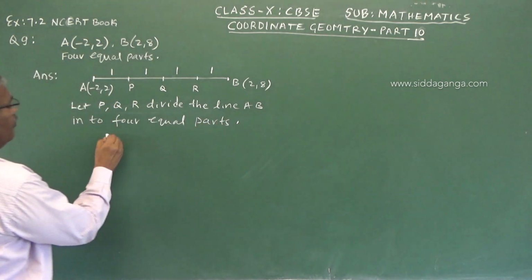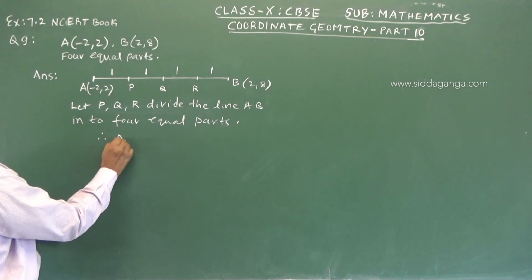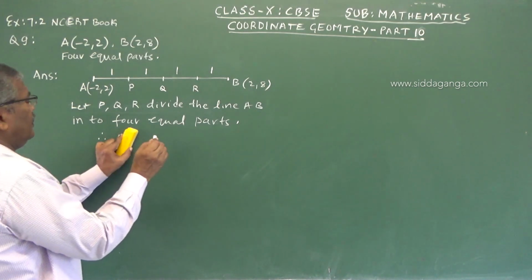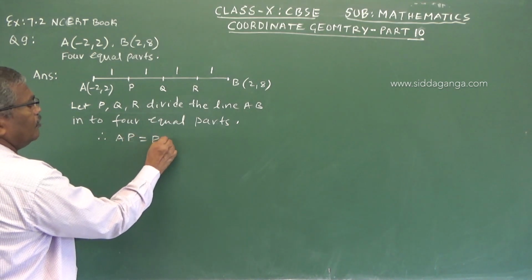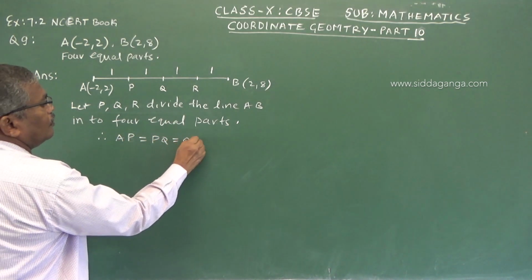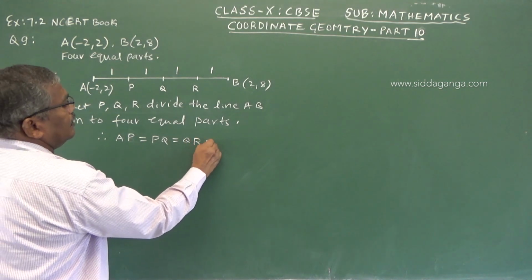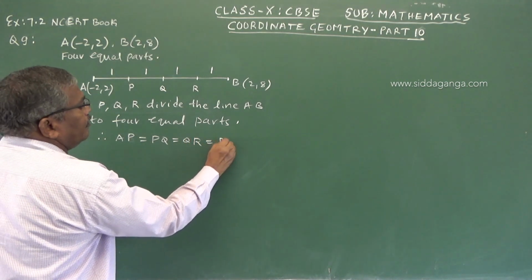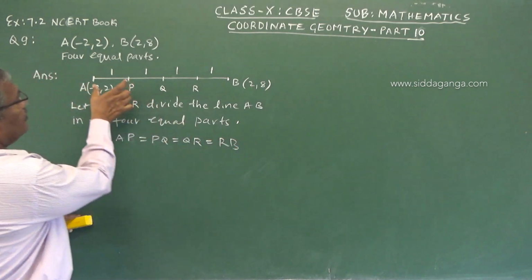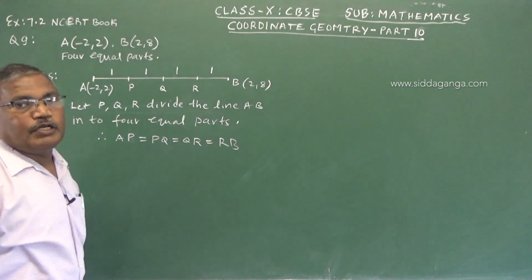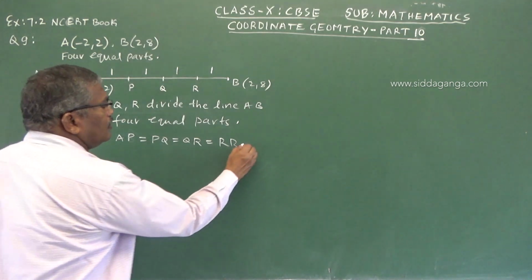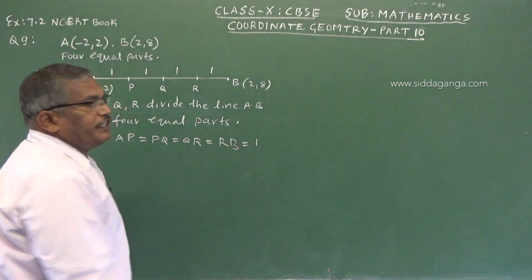Therefore AP equals PQ equals QR equals RB. First part equals second part equals third part equals fourth part. All are equal, say 1 unit.